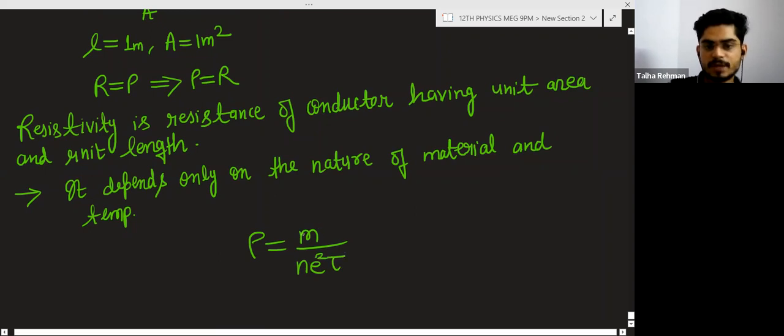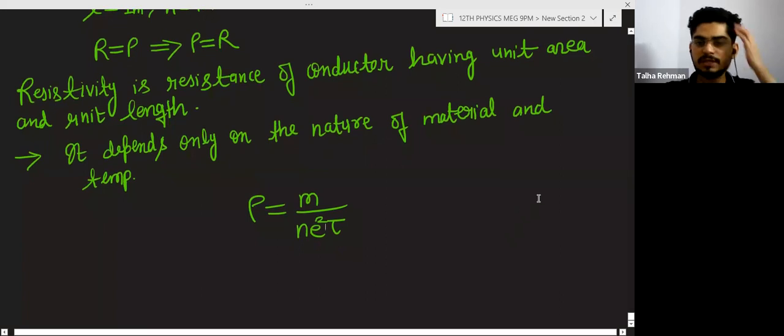The mass of the electron is constant and the charge on the electron is constant. So rho is inversely proportional to n, which means it depends on the nature of the material, and tau depends on the temperature of the material. So we can say resistivity depends on the nature and the temperature of the material.